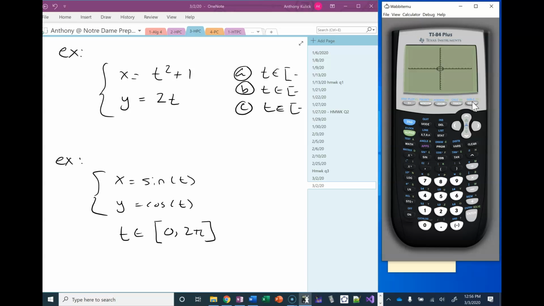That was a parametric function in terms of theta. Is everybody okay with that one?